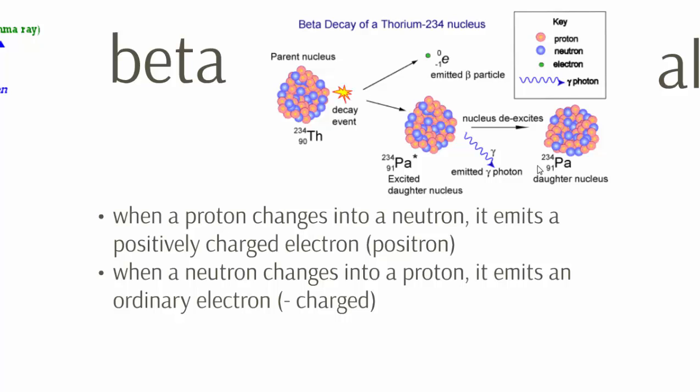And basically, the other way, when a neutron changes into a proton, it's going to emit an ordinary negatively charged electron. So when a neutron changes into a proton, it emits an electron. When a proton changes into a neutron, it emits a positron, essentially a positively charged electron.